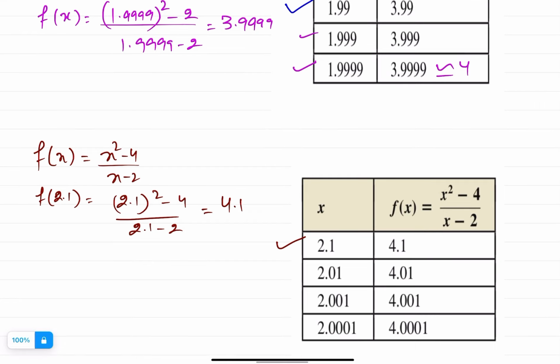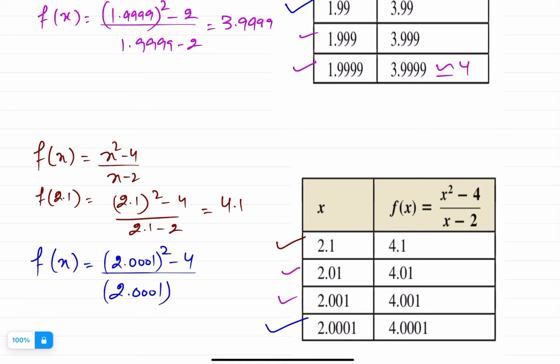We can do the same for 2.01, 2.001, and for 2.001 the value that we get is 4.0001.